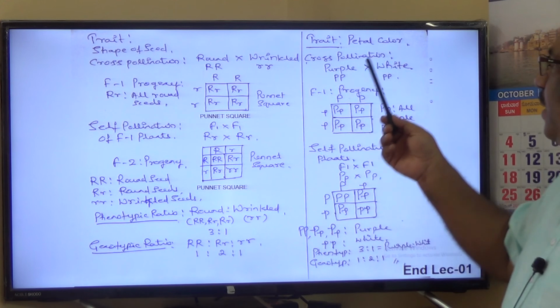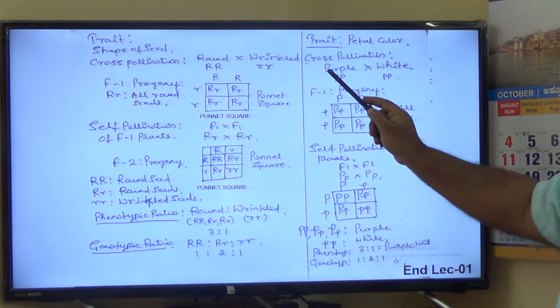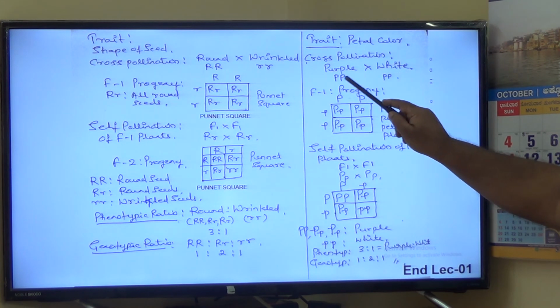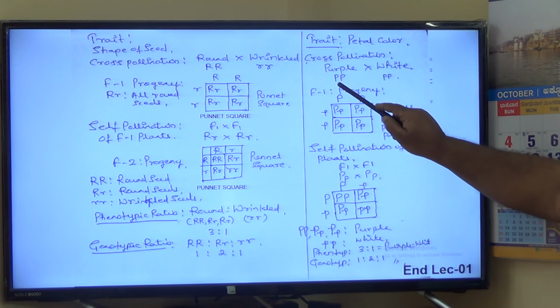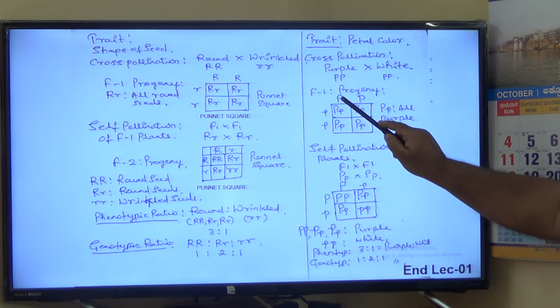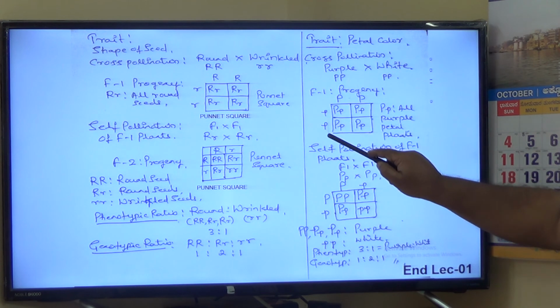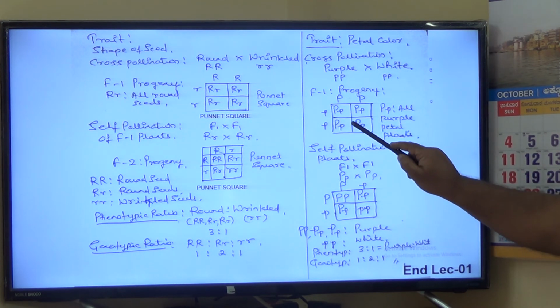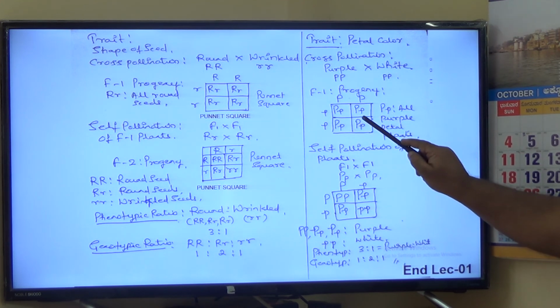Similarly, let us compare the petal color. Petal color, cross pollination of purple and white. Let purple be capital P and white be small p. In the F1 progeny, gametes of purple color and gametes of white color give this combination: capital P small p is the genetic combination.